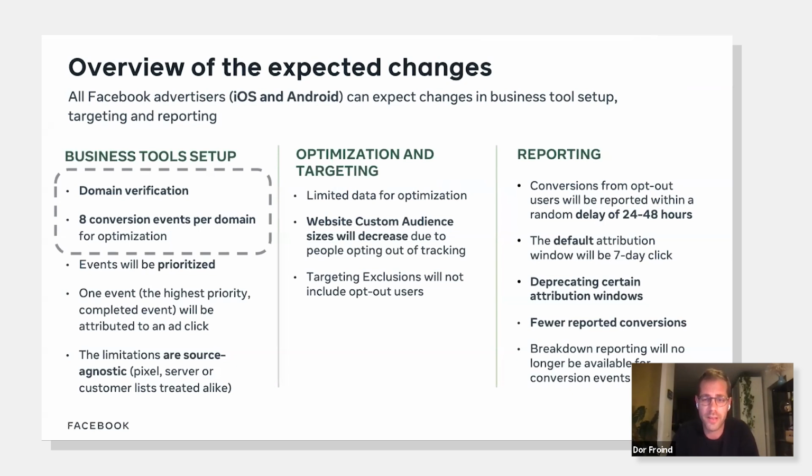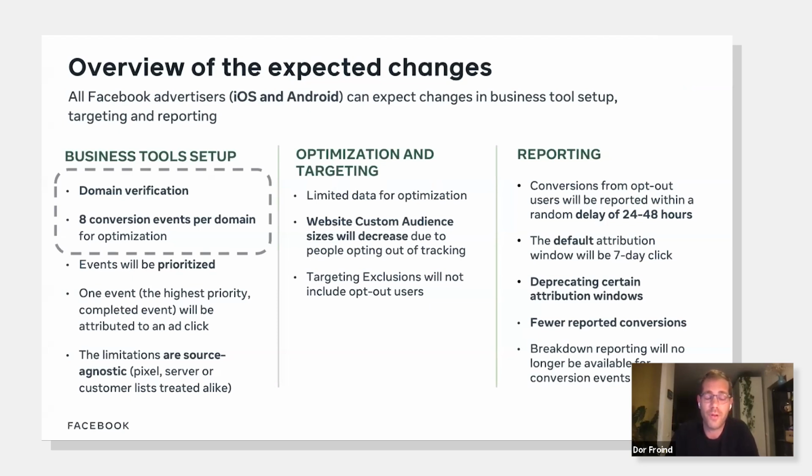And the last point here is about the different breakdowns that we currently offer. Now for each conversion event, you can see granular breakdowns like demographics, age and gender, country, etc. These won't be available for conversions for all of your campaigns, starting from the enforcement.